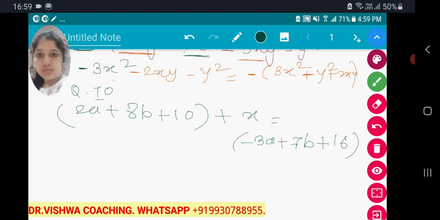Okay, now this should be subtracted, not added. So I will bring this x here and this whole equation to the left side.